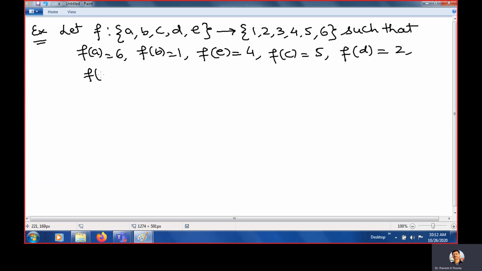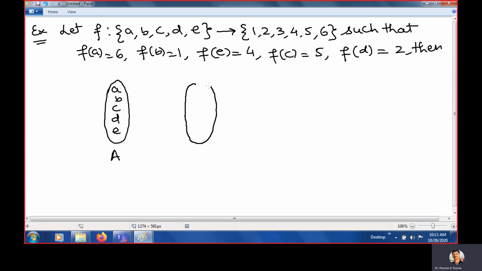Then what we are going to do, we will make set A here, it is A, B, C, D and E, and this is set B here, this is 1, 2, 3, 4, 5 and 6.